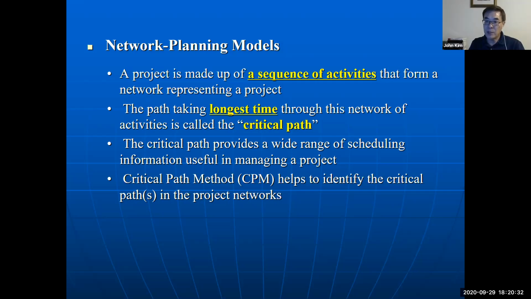So after surveying the ground, then dig, and before that maybe they have the design of the structure and so on. So we can say there is a sequence of activities, something first and then next and so on.